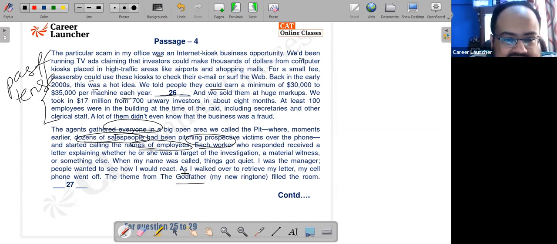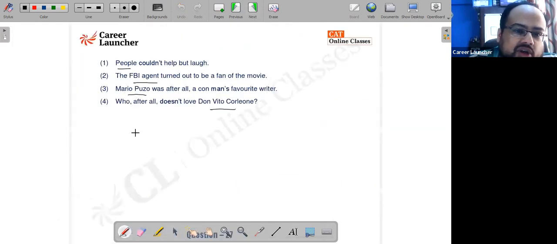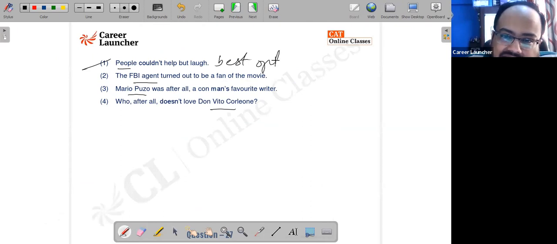It talks about the agents. But on the whole, this passage is about the people. It is about the employees who were present in that room, which is why the best option becomes the first option. If you recall, in the last class, I had mentioned that it is not about the right or the wrong answer. It is about the most appropriate option.